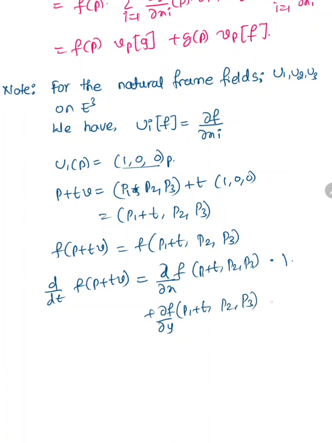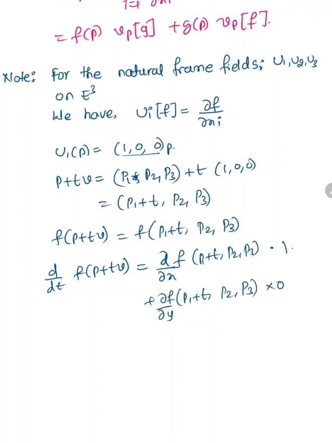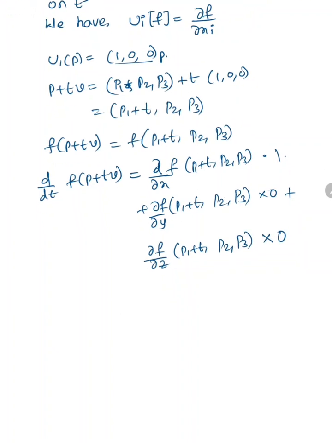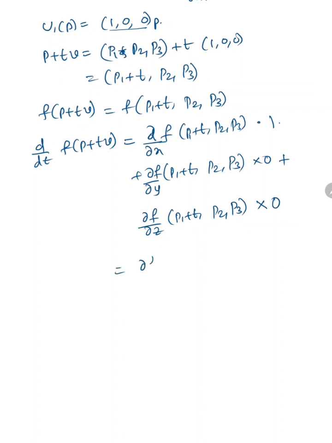So with respect to the y coordinate this is 0 because there is no t term, plus dou f by dou z at P1 plus t, P2, P3. With respect to the z coordinate also t is not present. So this is equal to dou f by dou x at the point P1 plus t, P2, P3 multiplied by 1.